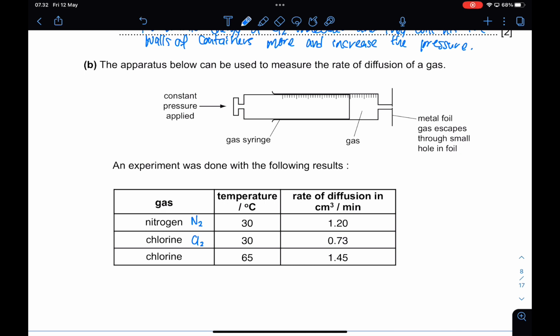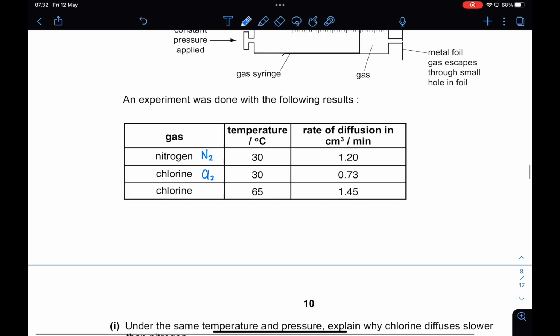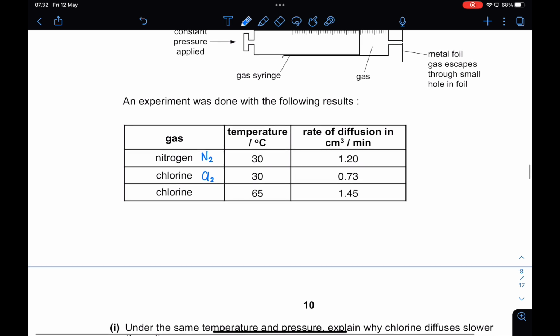The experiment was done with the following gas results. Later we will come back to this, maybe they are talking about chlorine in what state and so on. But it's different temperature. Oh, different temperature. Okay, good. So chlorine and chlorine at different temperature.